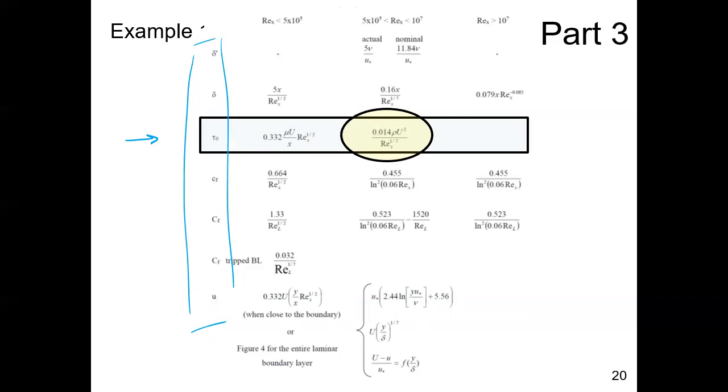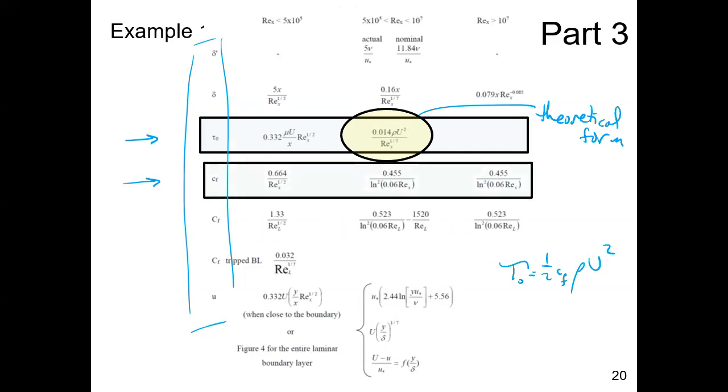When we use this form of the equation, this is the theoretical form. If you recall from the last lecture, there is a momentum form of the equation as well to get shear stress. And so the shear stress coefficient, CF, is calculated again on page 6. We just need to know, is it laminar, transition, or turbulent?